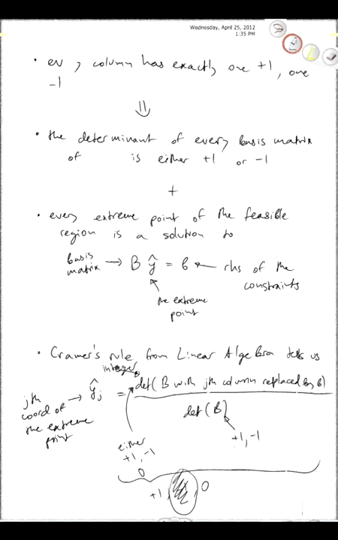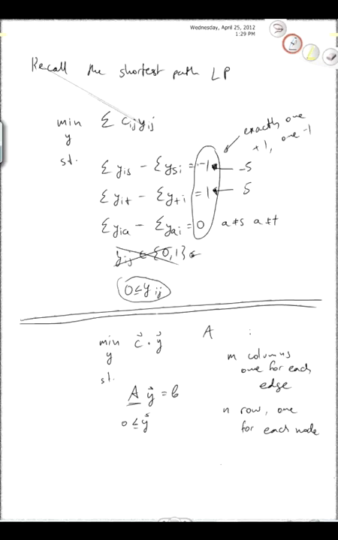It's going to be just some kind of integer because B has all integers, so this determinant is just going to be an integer. And when we divide it by +1 or -1, it's still going to give us integer extreme points. So pretty soon in class, we're going to start seeing different kinds of LPs that look like this.